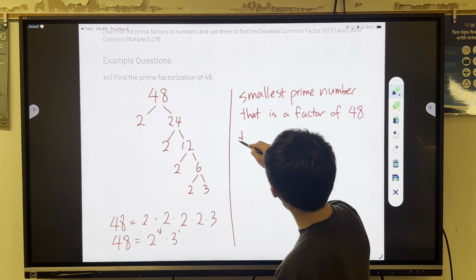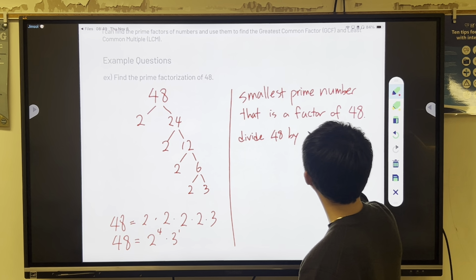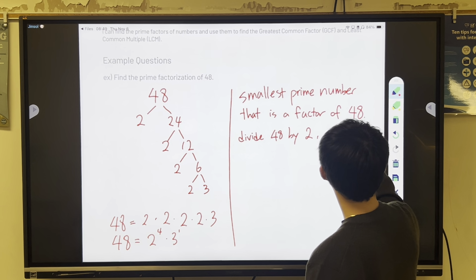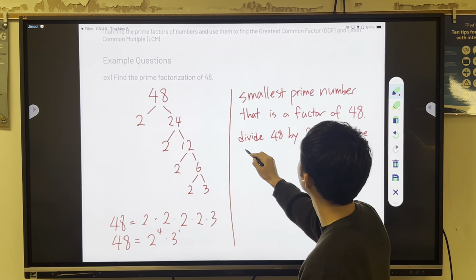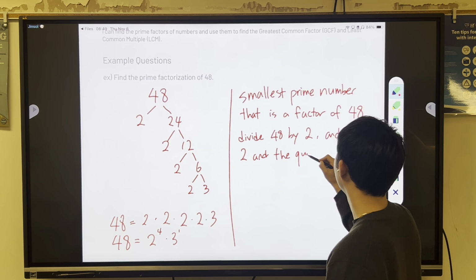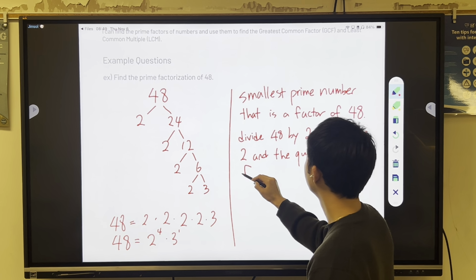So divide 48 by 2, and we want to write 2 and the quotient, which is 24, as a factor tree.